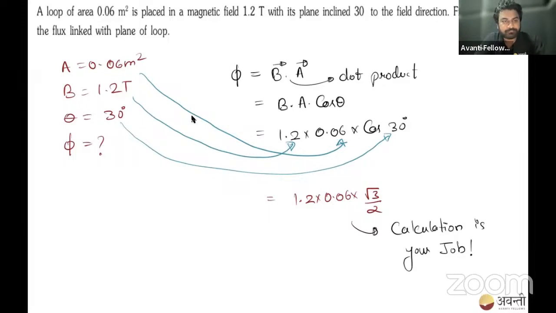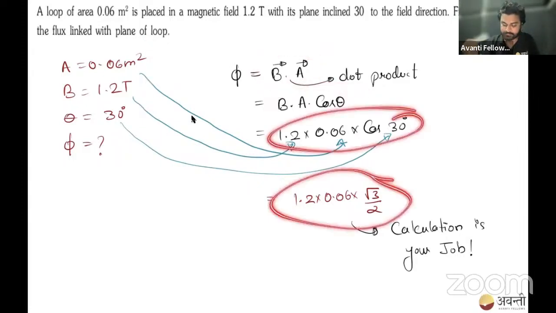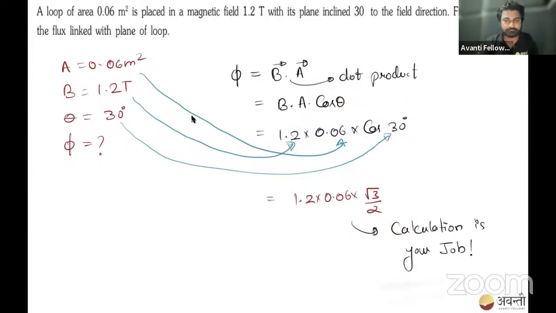Okay. Look here, all of you. Understood? B dot A, BA cos theta, all things are given, put them, you'll get the answer. Okay. Calculation is your job. Angle should be 60 degrees.